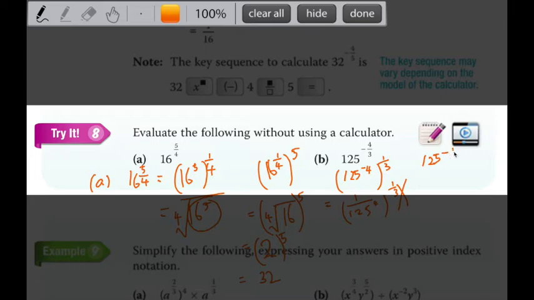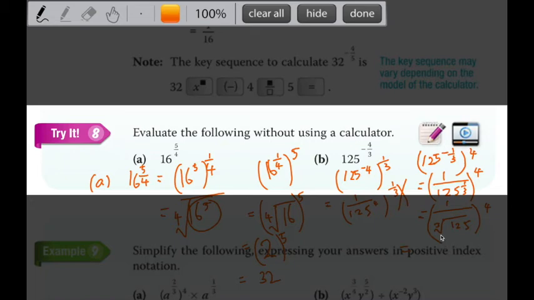So we have negative 1/3. Then we bring out the 4. What this means is 1 over 125 to the power of 1/3, right? To remove this negative is just 1 over the whole thing to the power of 4. And this 125 to the power of 1/3 is just cube root 125, and this whole thing to the power of 4. Now cube root 125 is easy. Cube root 125 is actually just 5.